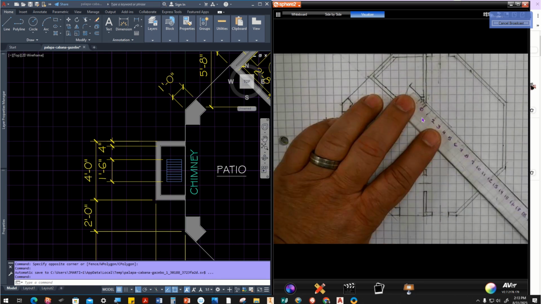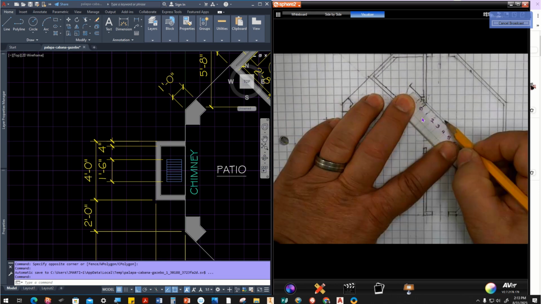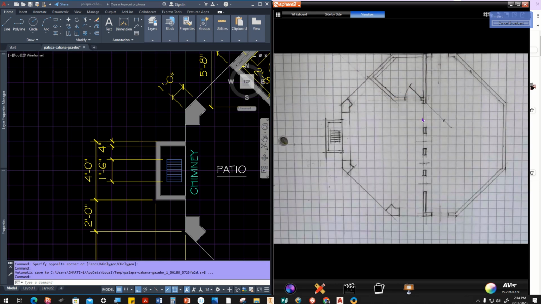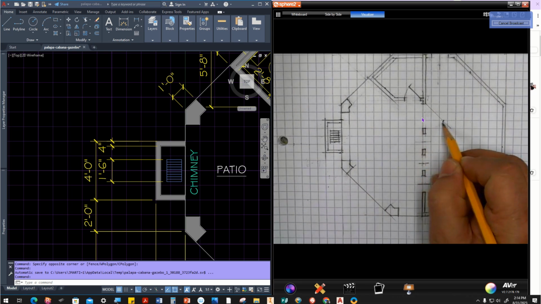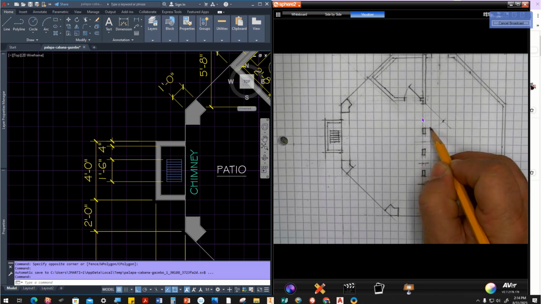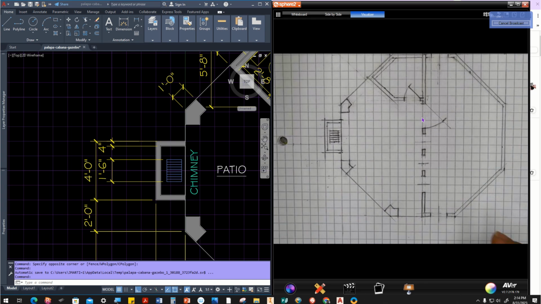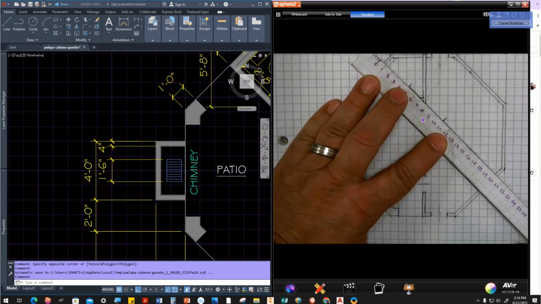The measure of the opening, in this case, is 3 feet. Draw an arc. And make that panel heavy.